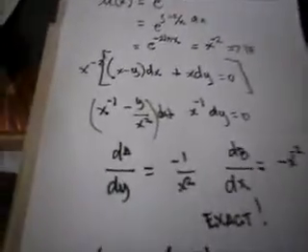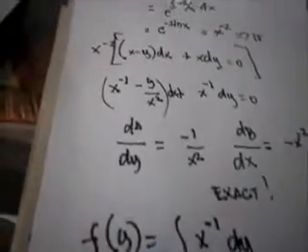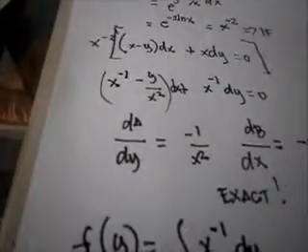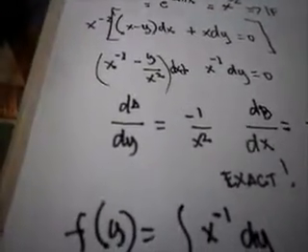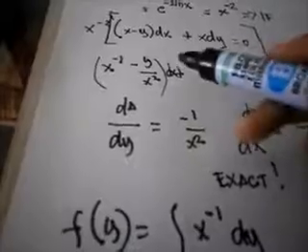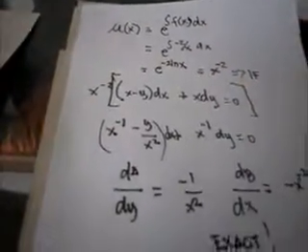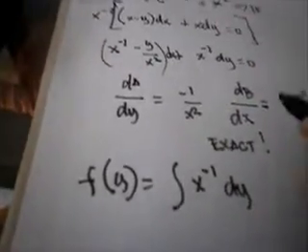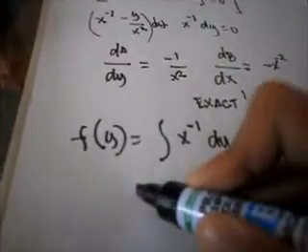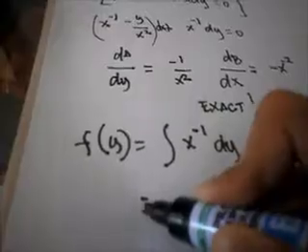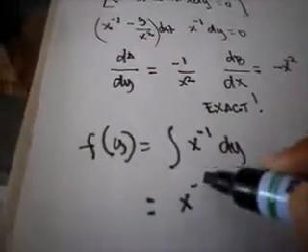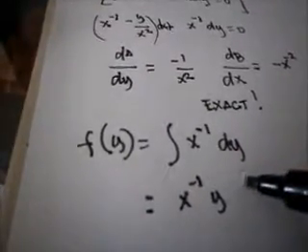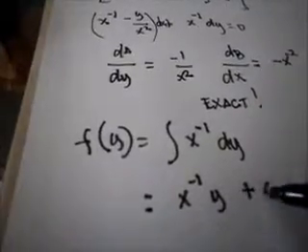We will use the b in our new equation, not the original equation. So f of y is equal to the integral of x to the negative 1 dy, and we get x to the negative 1 times y plus c of x.